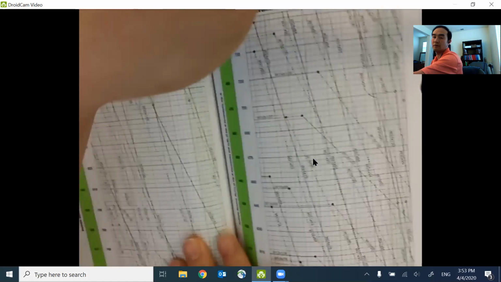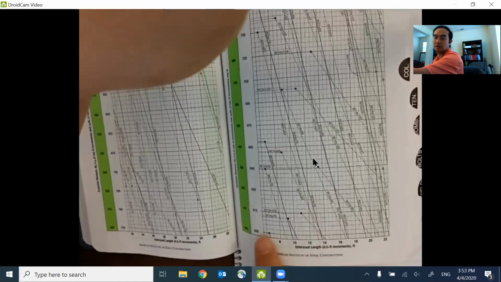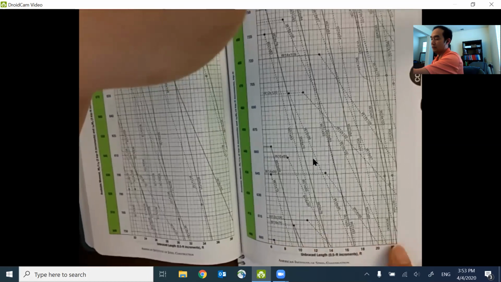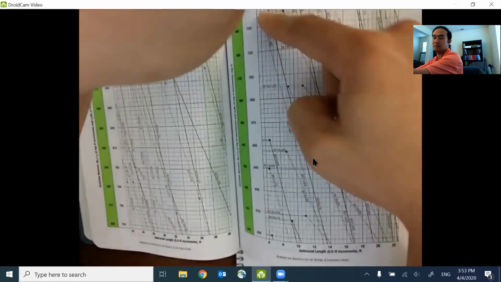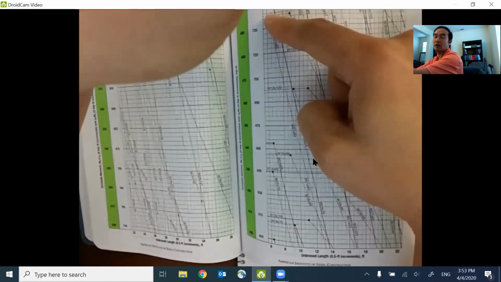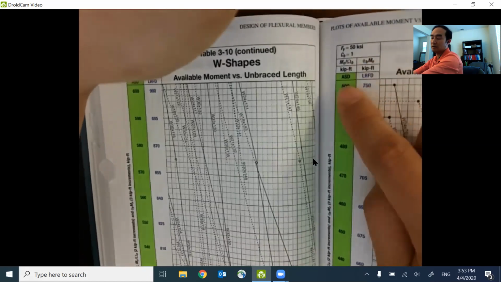On the x-axis, this is based on the unbraced length or unsupported length, L sub b. And the y-axis is based on the factored nominal moment. So for LRFD it says phi times M_n, and for ASD it is going to be M_n divided by omega.